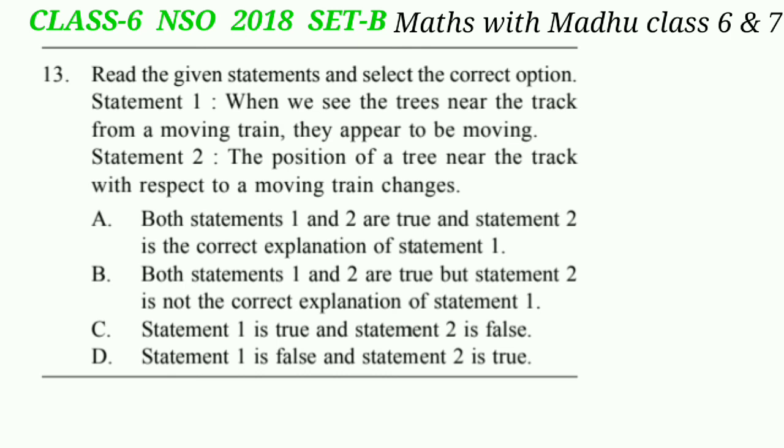The position of a tree near the track with respect to a moving train changes. This statement is also true. And statement 2 is the explanation of statement 1. Because motion is a relative term, it is defined with respect to a reference frame. So the correct answer will be option A.